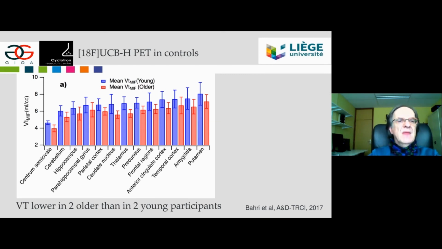For example, here, the centrum semiovale, that's white matter in the brain, where normally you wouldn't like to see too much activity, but anyway, there is a little, partly because there is an overlapping between the gray matter and the white matter, partly possibly because there is non-specific binding, and so this is a first difference we obtain with a little bit more activity everywhere in the young than in the older people.